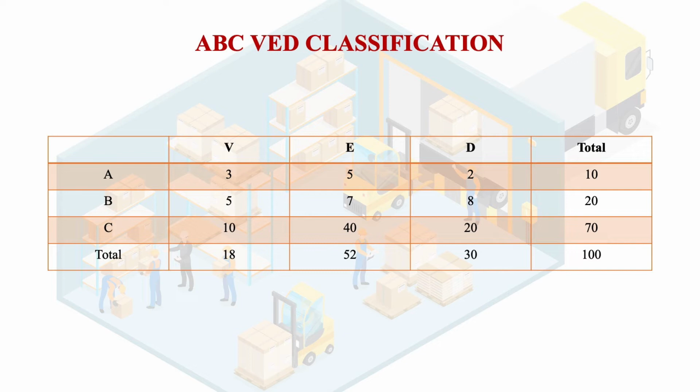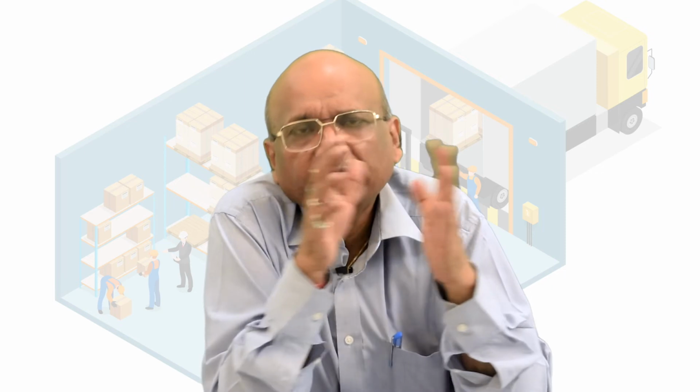Out of 20, 5 are vital, 7 are essential and 8 are desirable. Similarly for C, 10 are vital, 40 are essential and 20 are desirable. So what we have done, out of 100, we have categorized on the basis of judgment and experience in the three categories, that is vital, essential and desirable. That is the combination of ABC and VED classification.